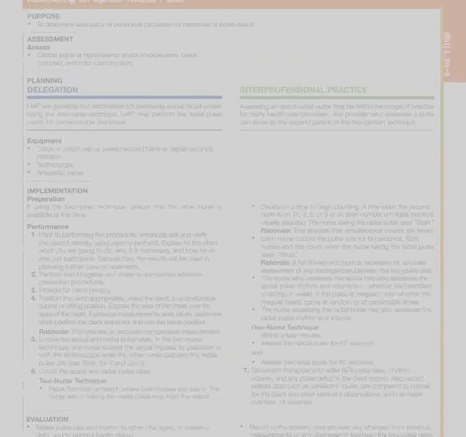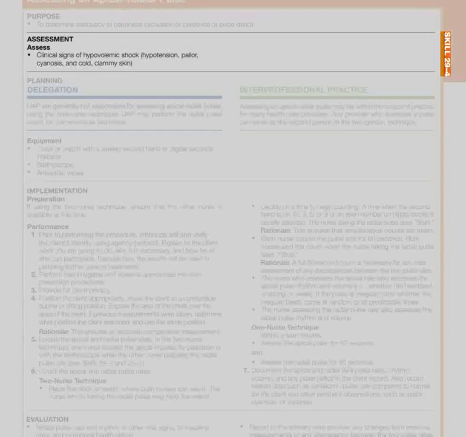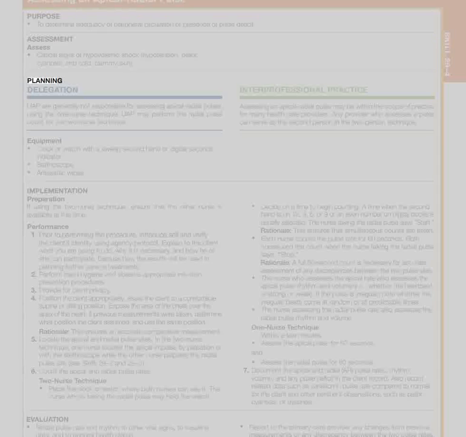Assessing an apical radial pulse. Skill 29-4. Assessment. Assess clinical signs of hypovolemic shock: hypotension, pallor, cyanosis, and cold, clammy skin. Planning, delegation. UAP are generally not responsible for assessing apical radial pulses using the one-nurse technique.